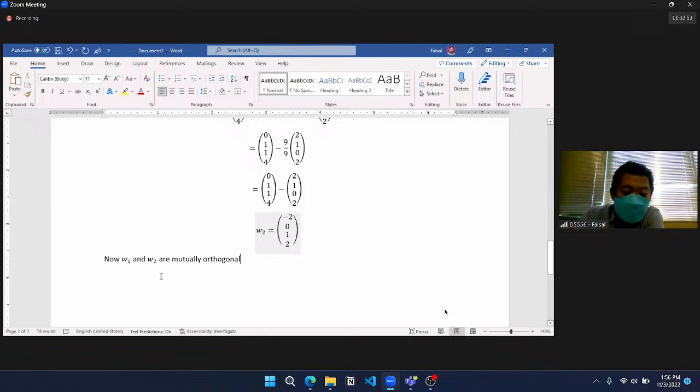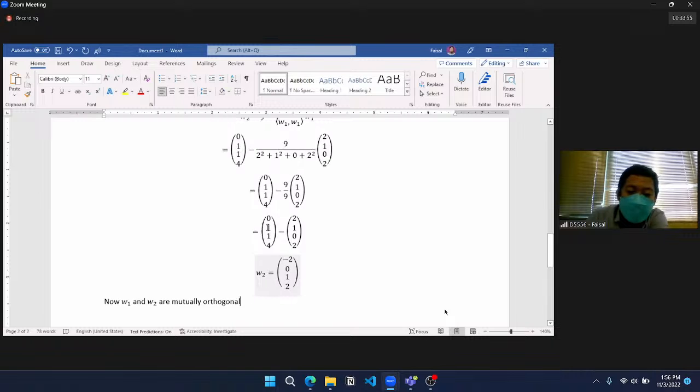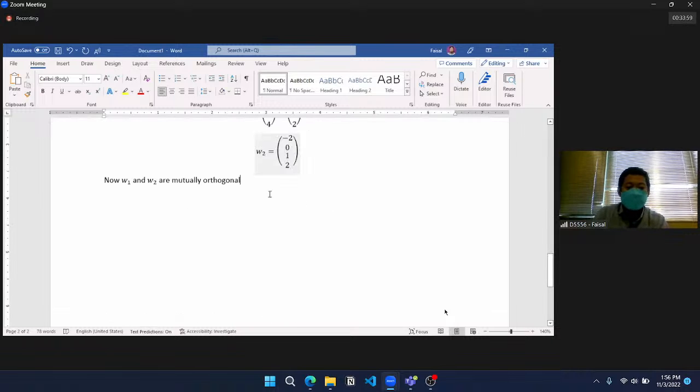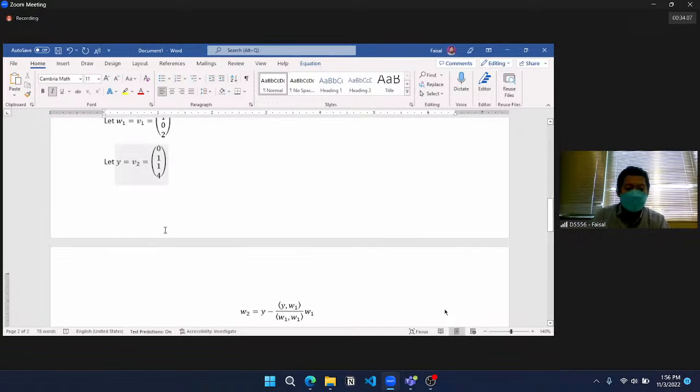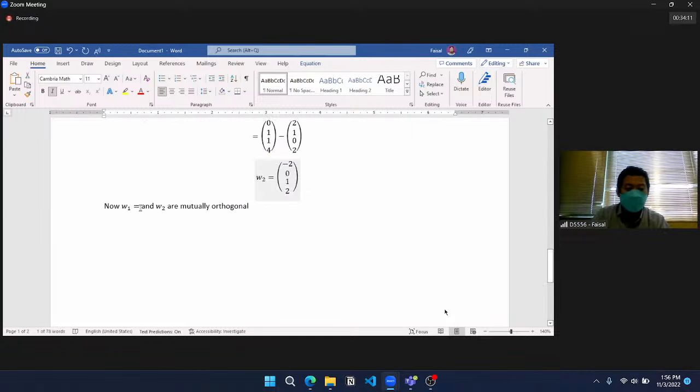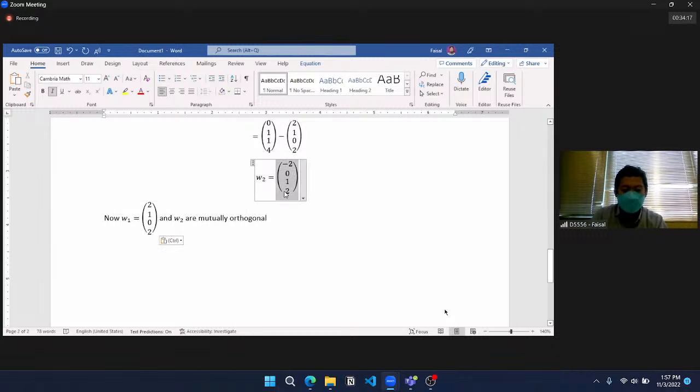If we check, W1 is 2, 1, 0, 2, and W2 is minus 2, 0, 1, 2.